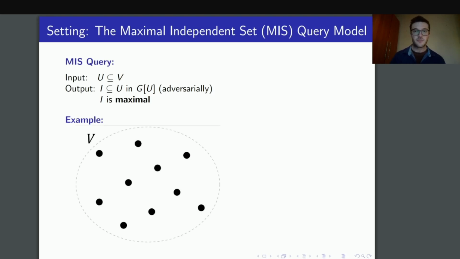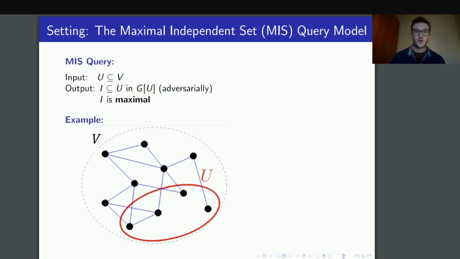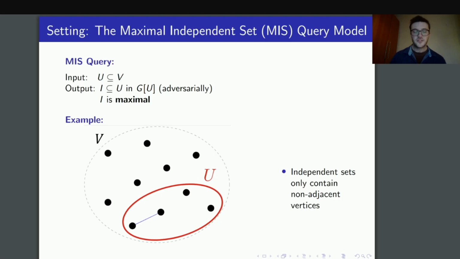So for example, if we are given this vertex set V, and we choose to query some subset U, the oracle will know the input graph and it will know the edges that exist between vertices in our chosen queried subset. Since an independent set can only contain non-adjacent vertices, the oracle will adversarially choose one of the endpoint vertices of every edge in the queried subset to be included in this independent set.